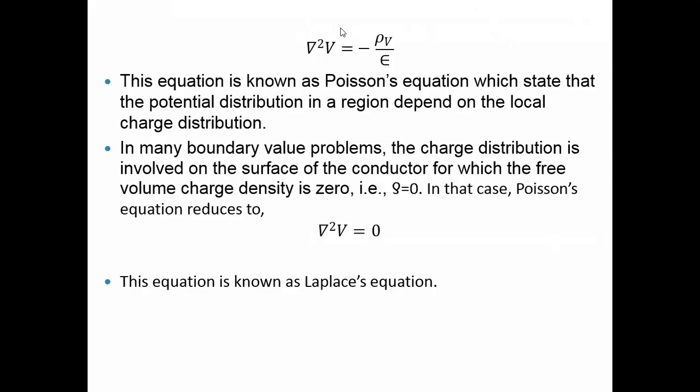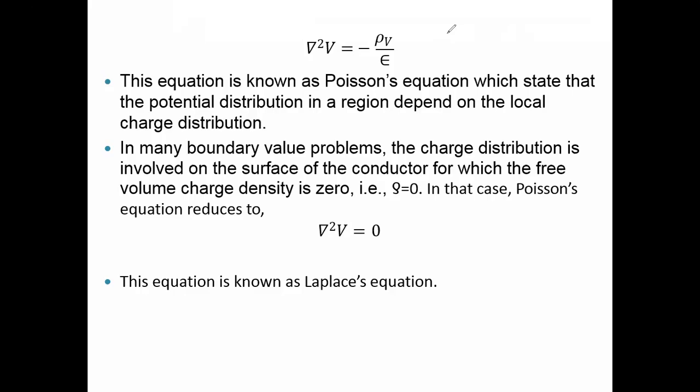Now see, in this Poisson's equation, what is this rho v? Volume charge density. So suppose there is a conductor, then by general plus 2 level theory we know that, you tell me, what is the charge on the surface of a conductor?